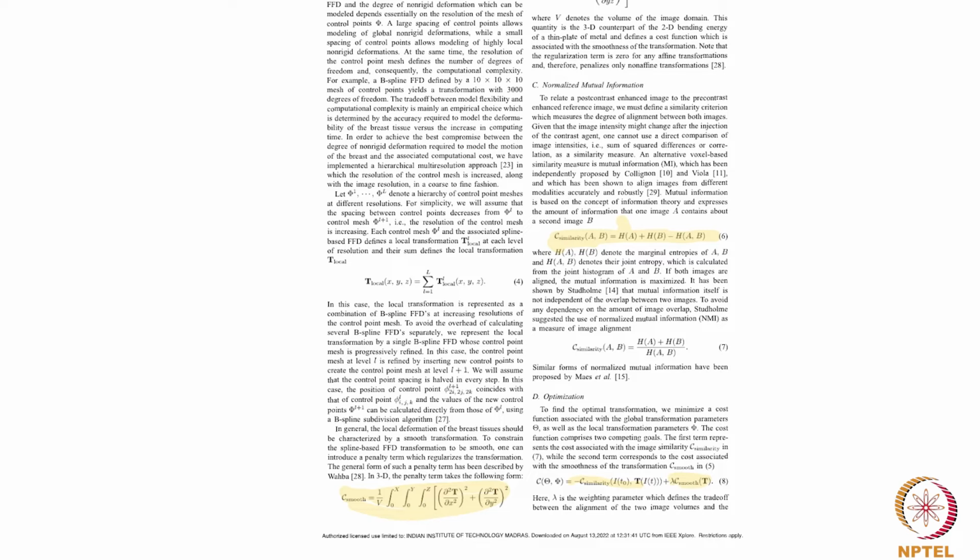These are the two terms. The smoothness term should be minimized, and the negative of the mutual information has to be minimized, right? So this is the total loss function. This lambda is another hyperparameter, which trades off between alignment and smoothness.